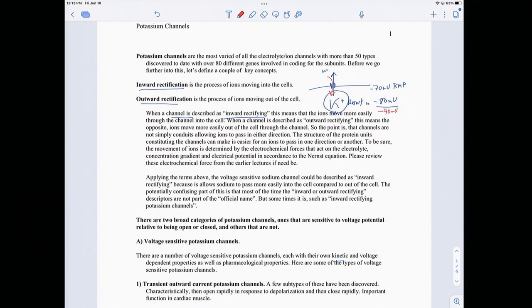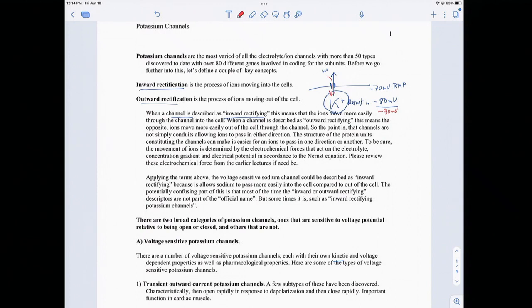Now, if the resting membrane potential is, let's say, minus 70, and the potassium reversal potential, or Nernst value, is minus 80, typically in physiological systems you're not going to have too many occasions where the membrane potential would actually be below the potassium reversal potential, because potassium is kind of the driver in terms of negativity.